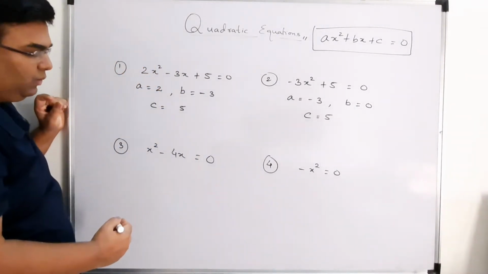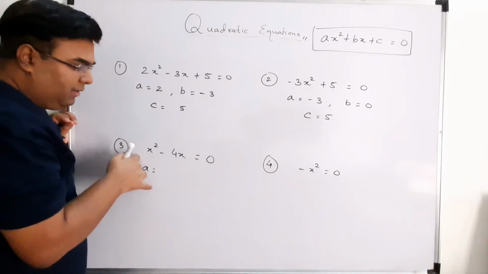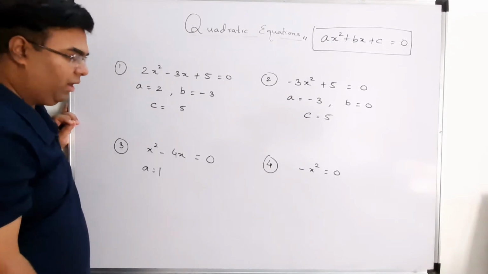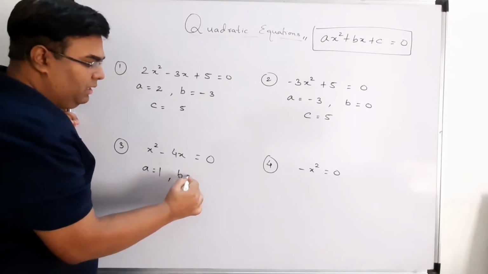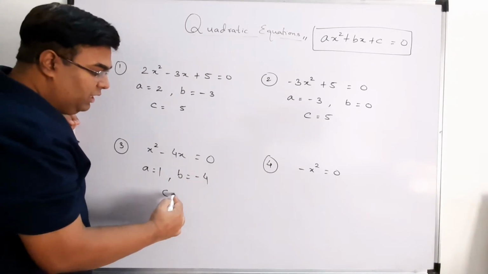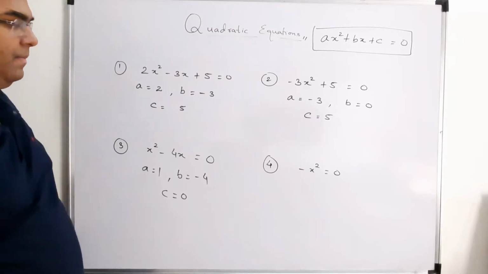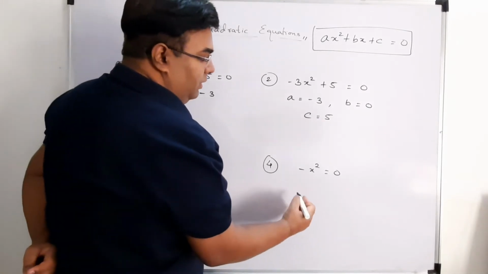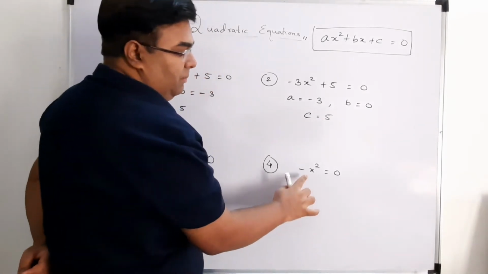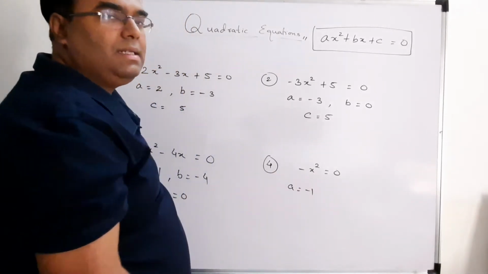Now see this one. What is a here? Since there is no number written here, we write a as 1. B is minus 4. There is no c here, so we will write 0. Okay, in this example, your a is what? Minus sign is there, no number is there, so minus 1.